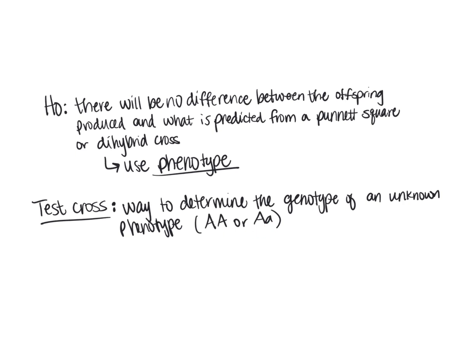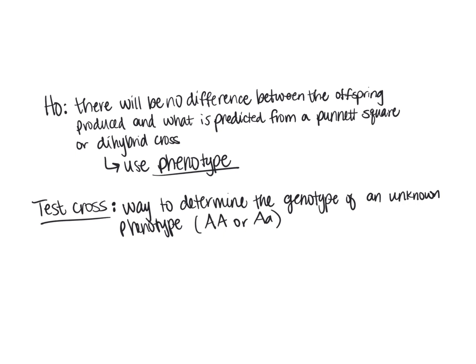With a test cross, you take an unknown dominant and cross it with a recessive. If any of the babies end up having recessive phenotypes, then you know that the unknown parent must have been heterozygous.